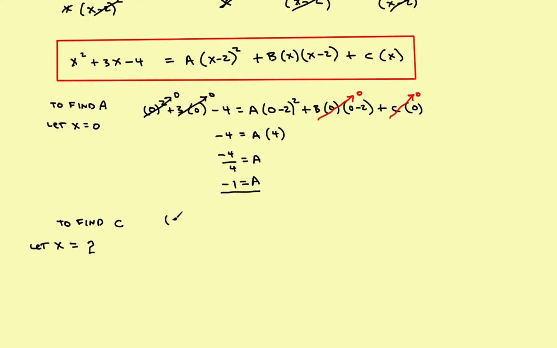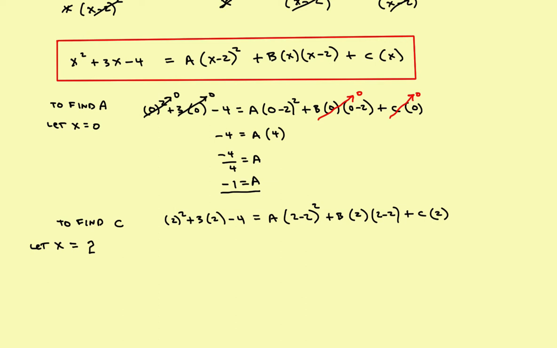So this is going to become 2 squared plus 3 times 2 minus 4 is equal to A times 2 minus 2 squared, plus B times 2 minus 2, and then finally plus C times 2.